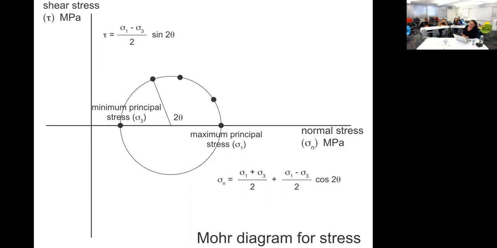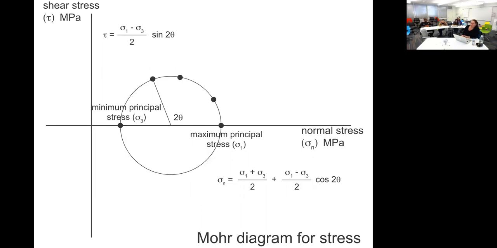And by using this kind of configuration, we can see exactly what the normal stress and shear stress on that particular fault would be. So if I go from the black dot that is on the circle where it's intersected by the radius, then I could go over to the vertical axis and read off the shear stress at that point, and go to the horizontal axis and read off the normal stress at that point.